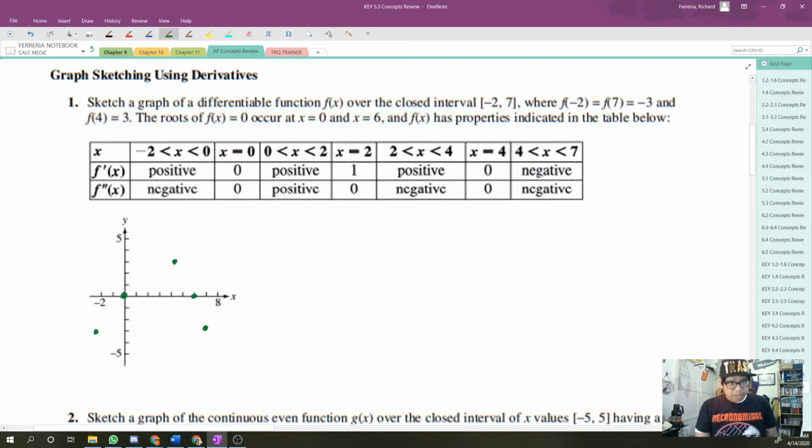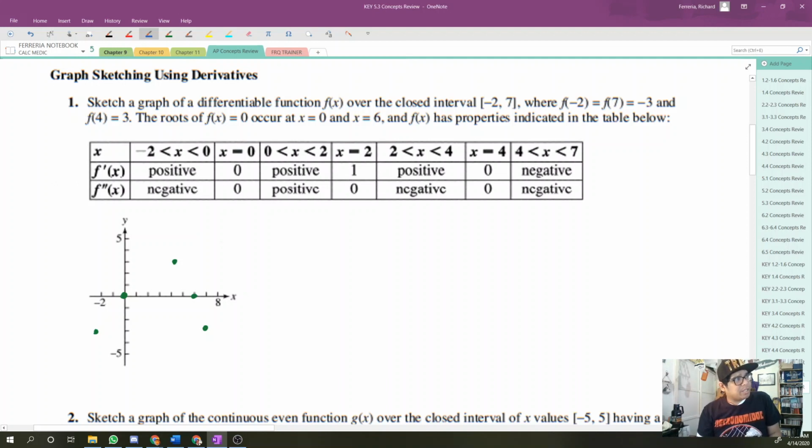Okay, and now for each one of these, we have some information about concavity and slope, which will help us. So between negative 2 and 0, we have positive slope, and we have a negative concavity.